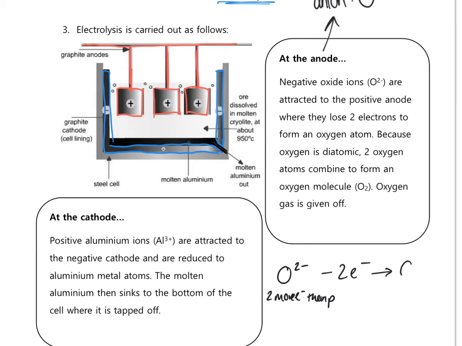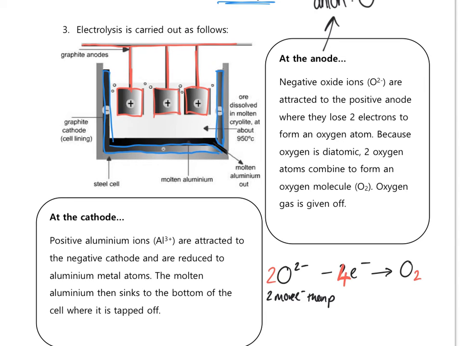And that gives me my oxygen atom. But again, there's something not quite right about this, and that's because oxygen is a diatomic molecule. So again, just as we saw with bromine and chlorine, we have to actually produce O2. So if I want to produce O2, I'm going to need 2 oxide ions in the first place. And if each of those oxide ions is losing 2 electrons, then in total, I'm going to end up losing 4 electrons.